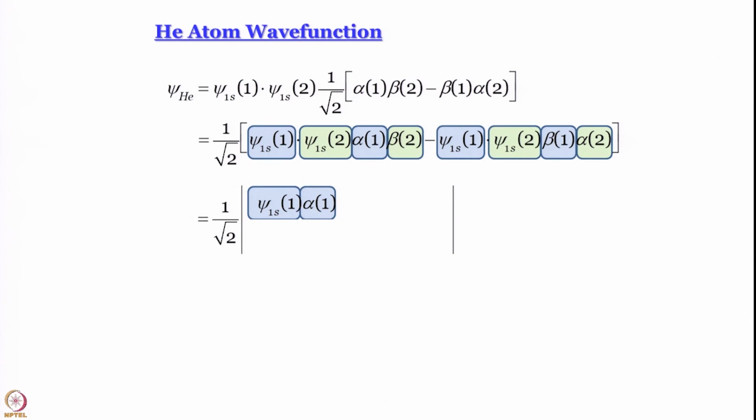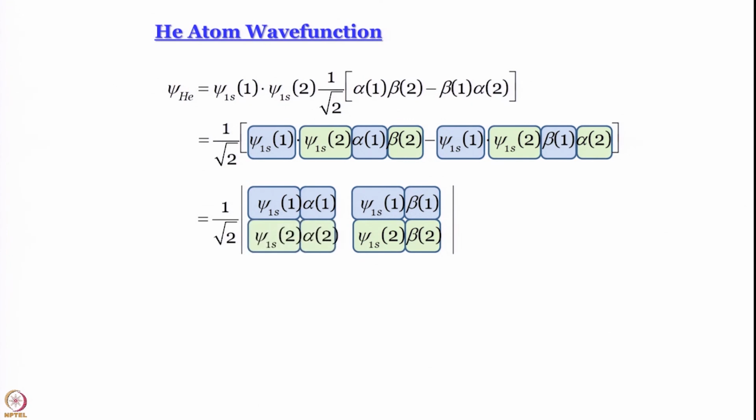That is a spin orbital. Then psi 1s1 alpha 1 is multiplied by psi 1s2 beta 2. The only way you can get it is by incorporating psi 1s2 beta 2 in the diagonal block of the determinant, and the other two terms come here. Simple? Let us get ahead.